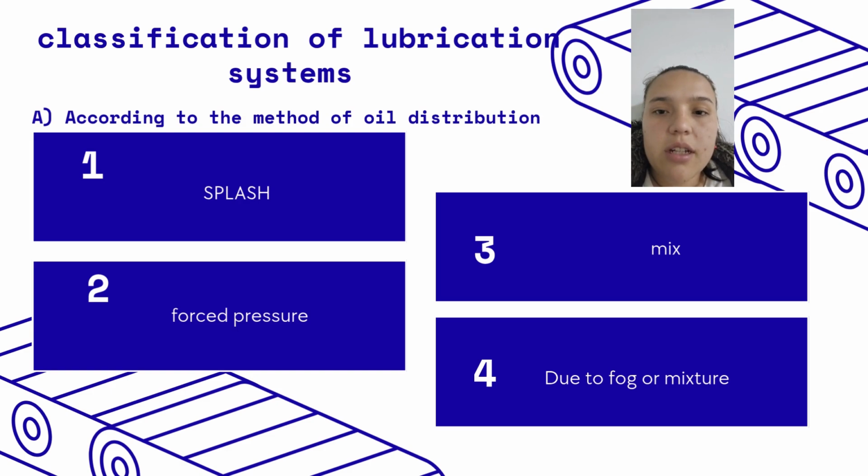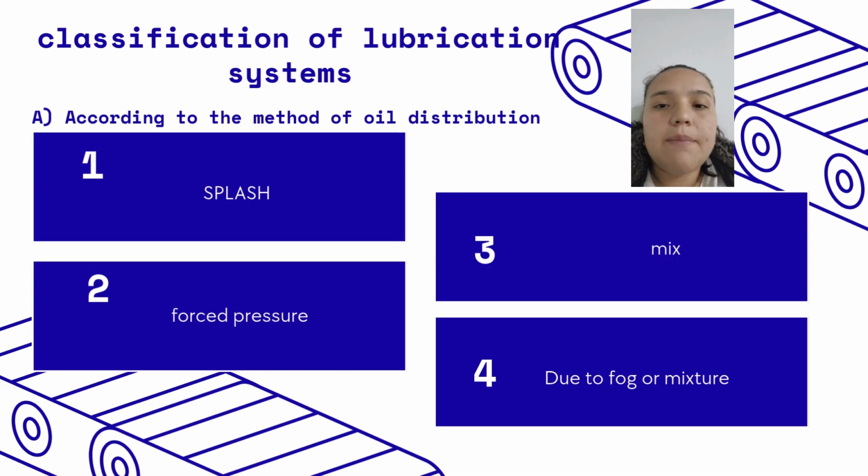The second is forced pressure, which uses an oil pump to deliver lubrication under pressure throughout the engine. It is uniform, efficient, and reliable. The next is mixed, which combines pressure and splash lubrication, used when some parts require constant pressure and others only light lubrication.